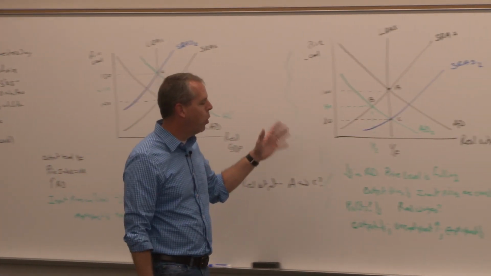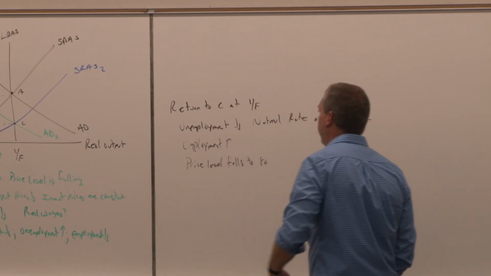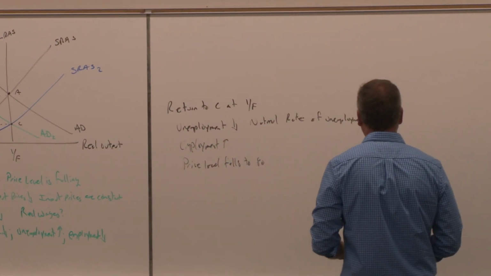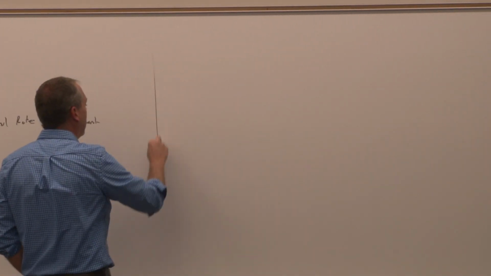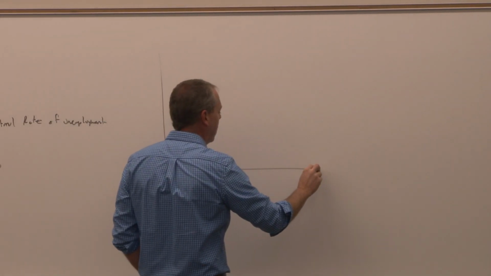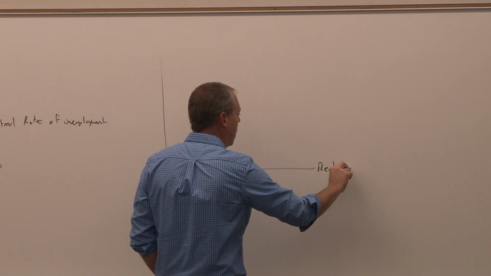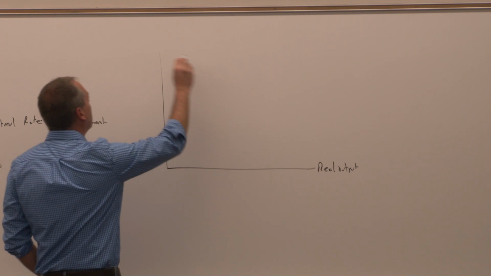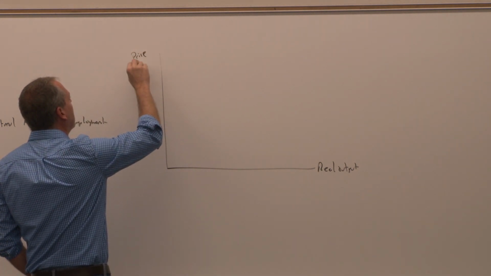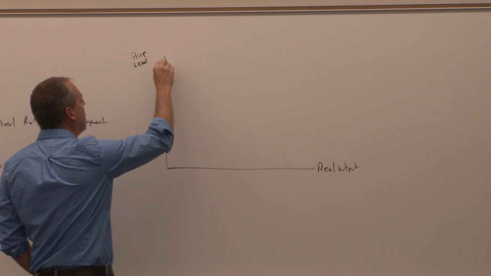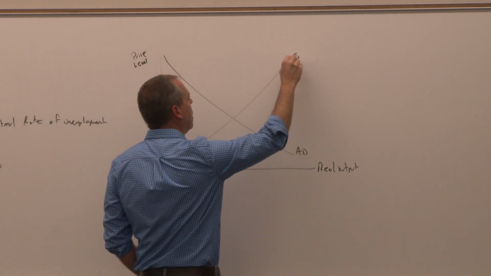So we can make them more dynamic and more interesting if we want to, or you can choose to have them do this. It doesn't really matter. Let's look at changes in short-run aggregate supply. It's a little bit easier.